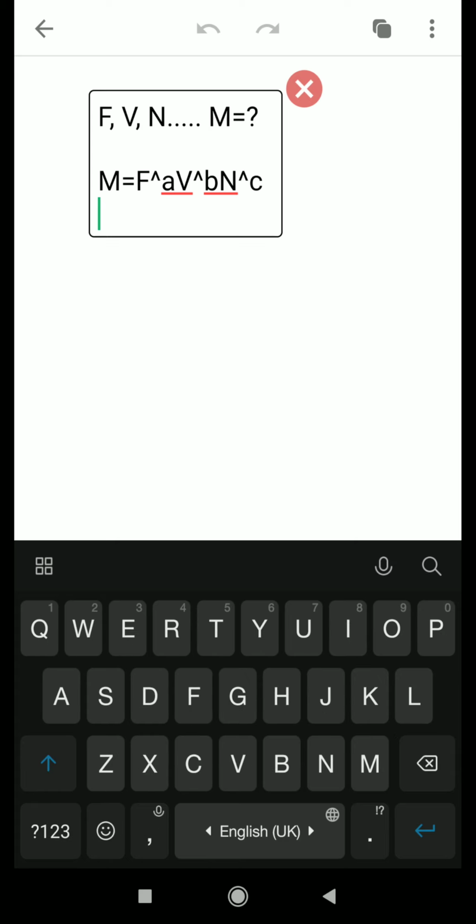Sorry, the frequency was N. Clear? Now I have to find out the values of a, b and c.